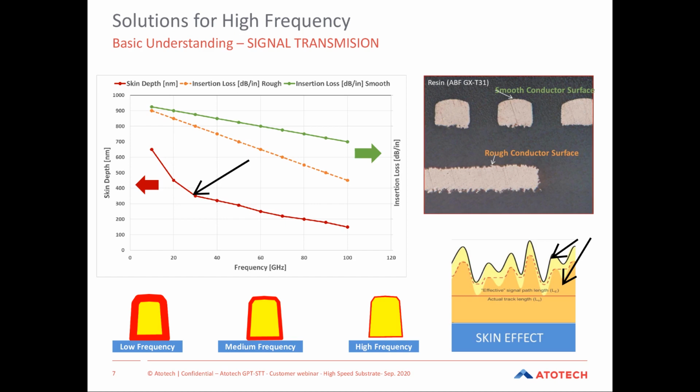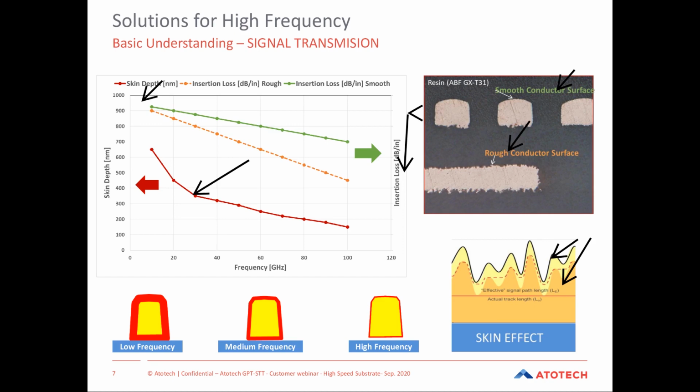I just want to show you experimentally what we did with the rough surface compared to the smooth surface. As you can see here, when we measure the insertion loss, or the so-called signal loss, at low frequency we don't have much difference between the rough and the smooth surface.